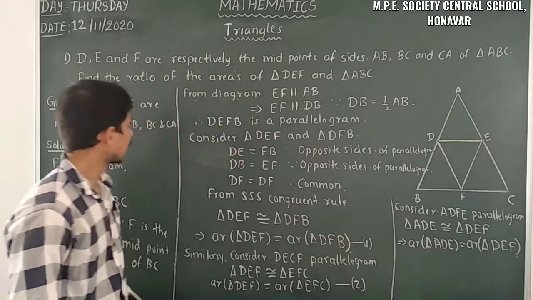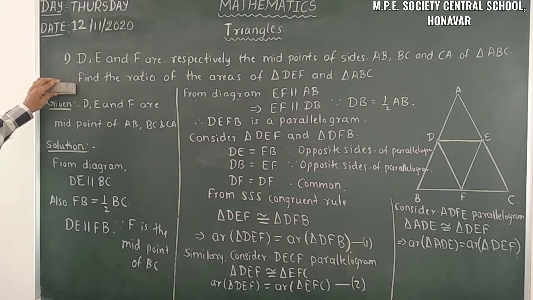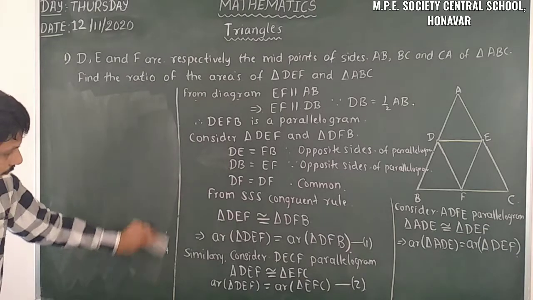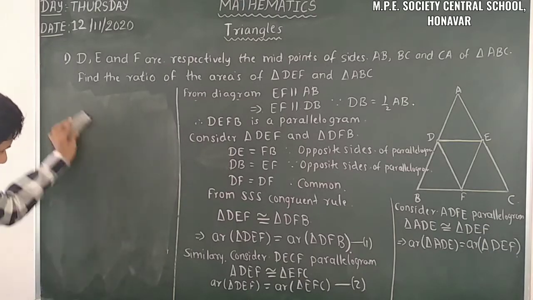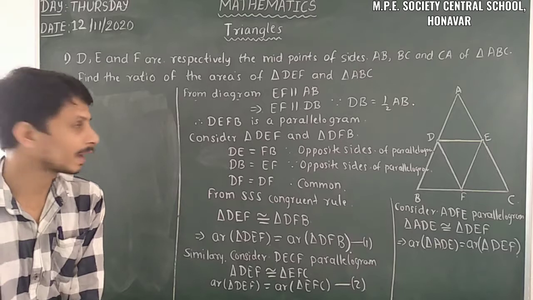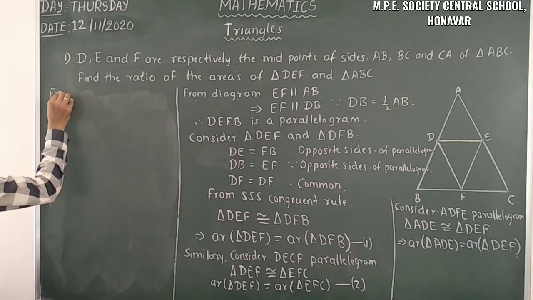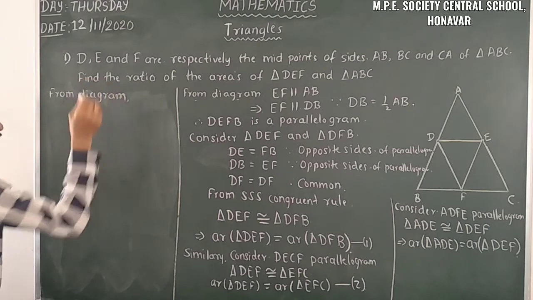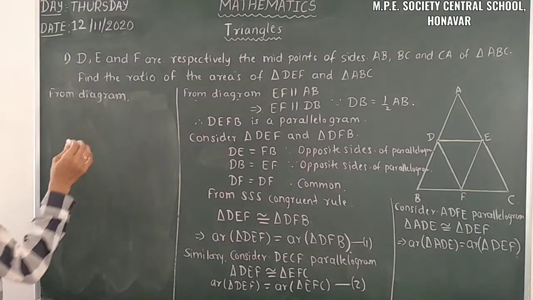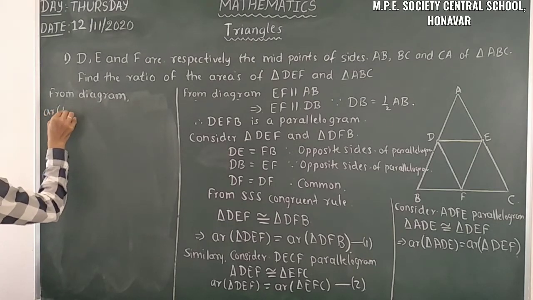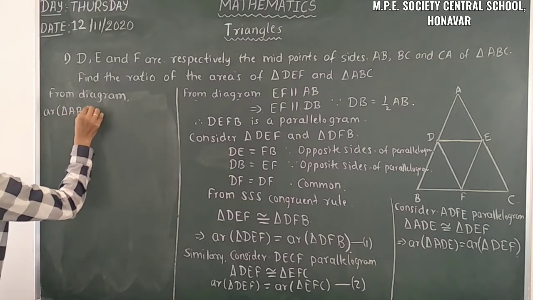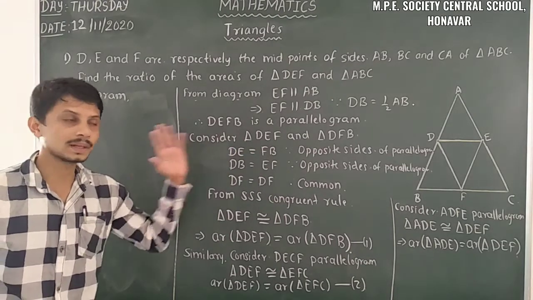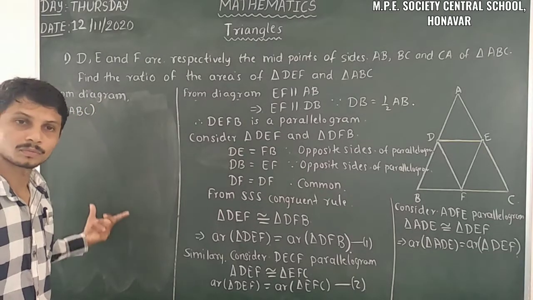So from the diagram, take the same thing. That is area of triangle ABC is equal to, so we have to write completely.